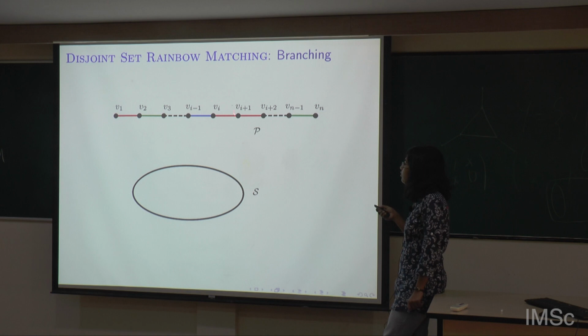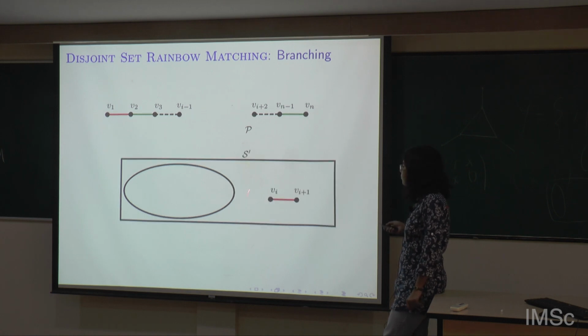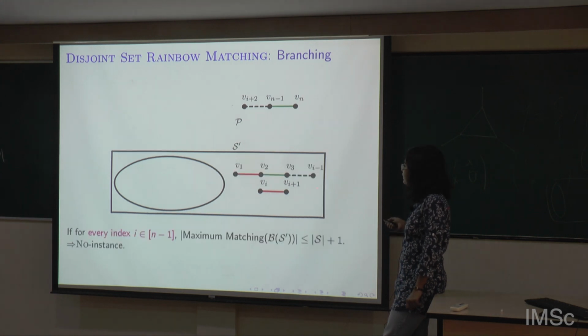If I know such an edge vi plus 1, I can put vi plus 1 into this set S, and since I know that this prefix has exactly one edge in the solution, I can also put this prefix into the set S. Then from all the paths here I will have exactly one edge from each path, and from both of these two paths also I will have exactly one edge.